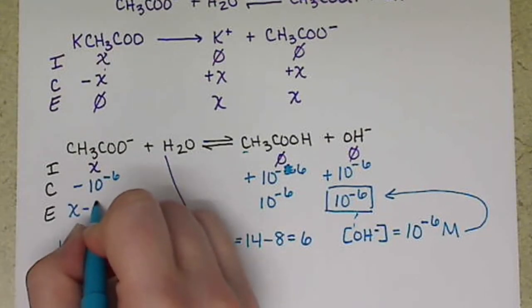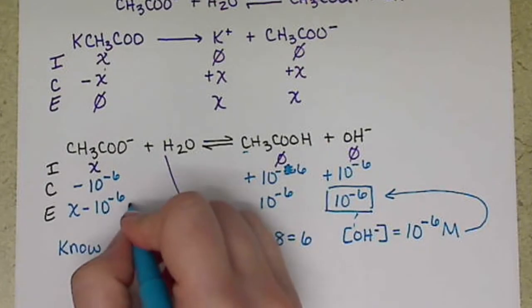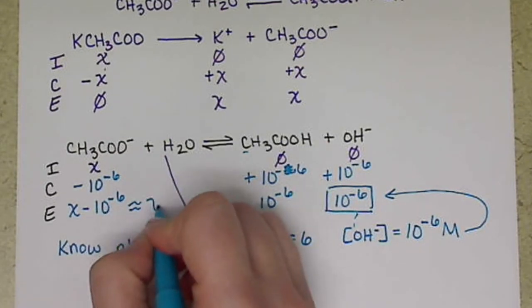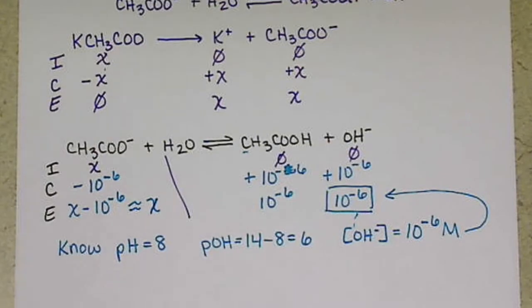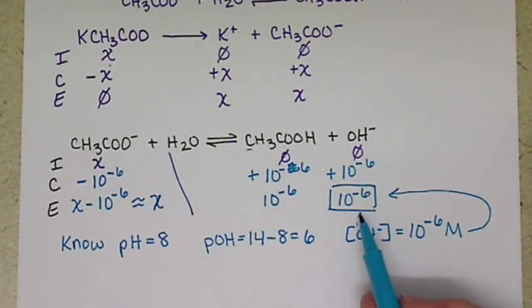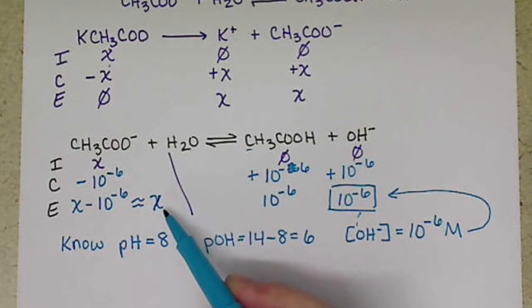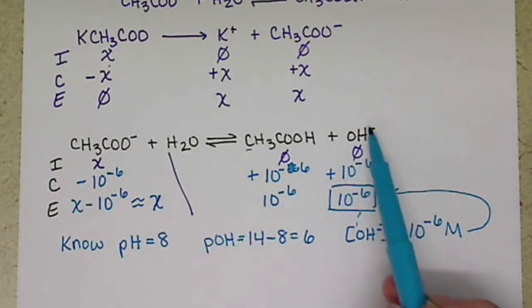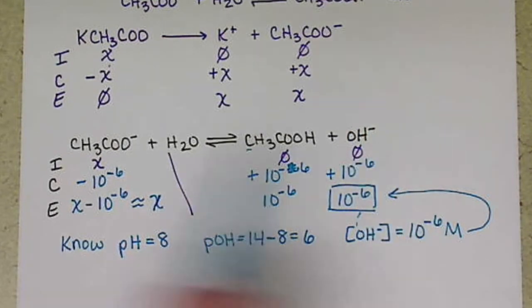So we have x minus 10 to the negative 6, which should just be approximately x. Now we have our ending concentrations. We can use our Kb expression to solve for x.